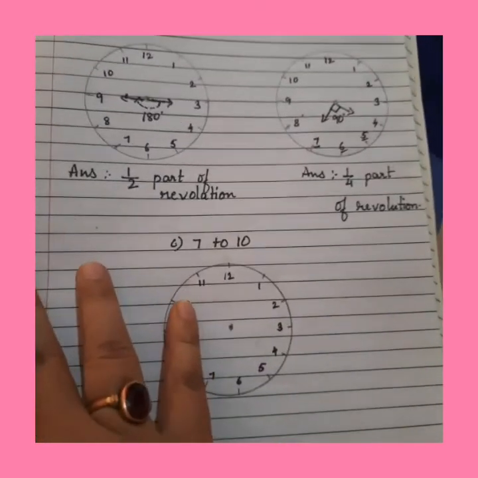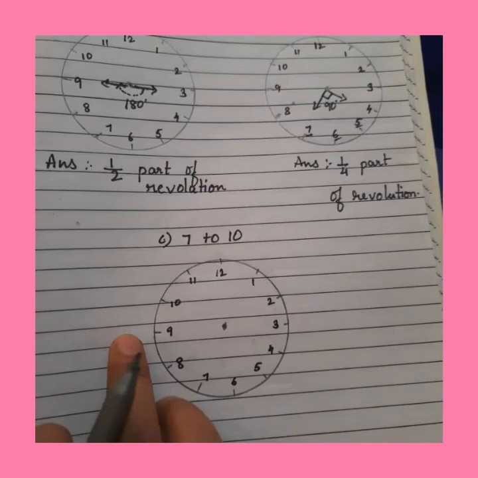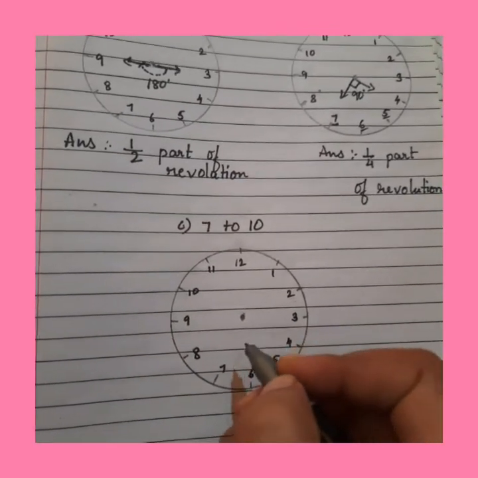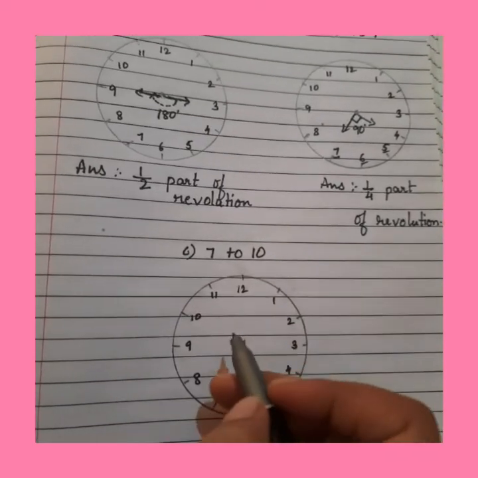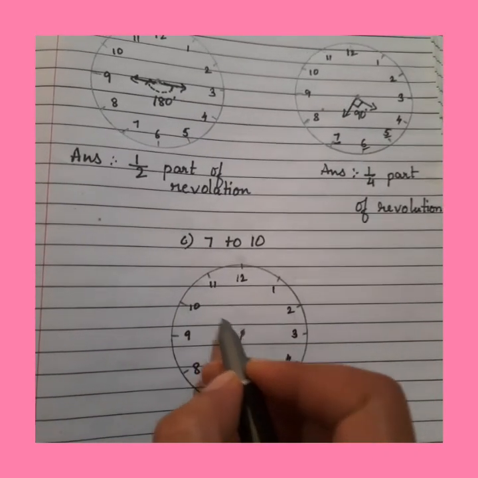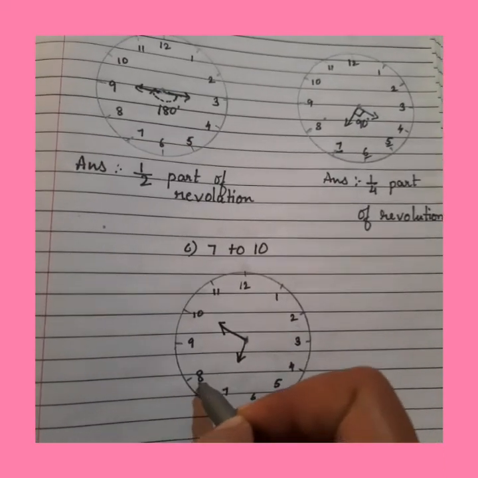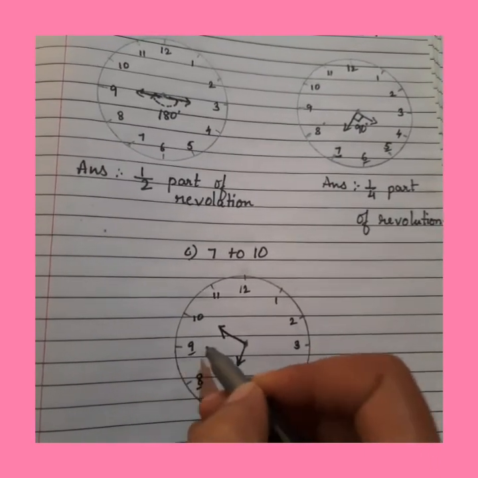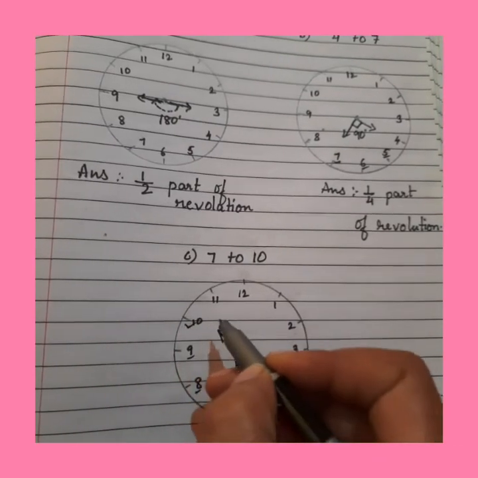One more example is here, 7 to 10. First point the arrow on 7 and then reach 10. Again you can see 1, 2 points it has crossed and reached the third point.